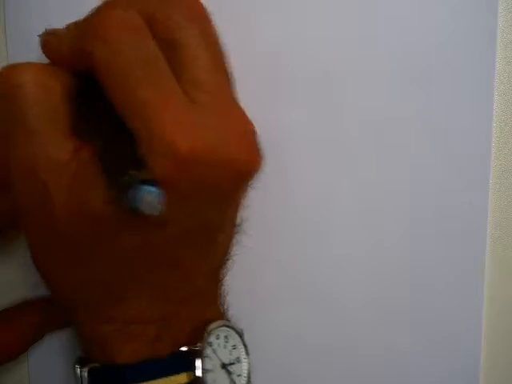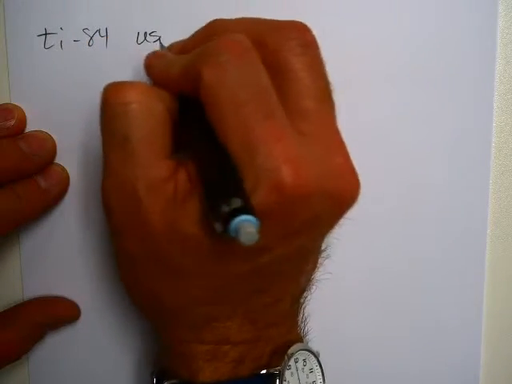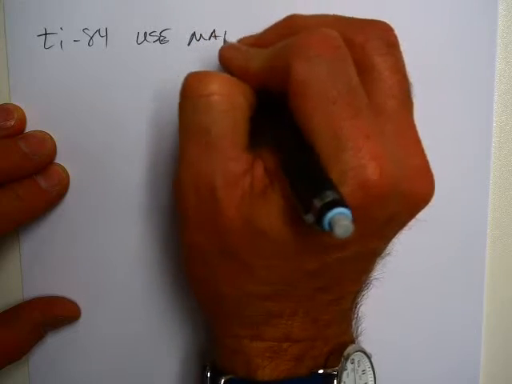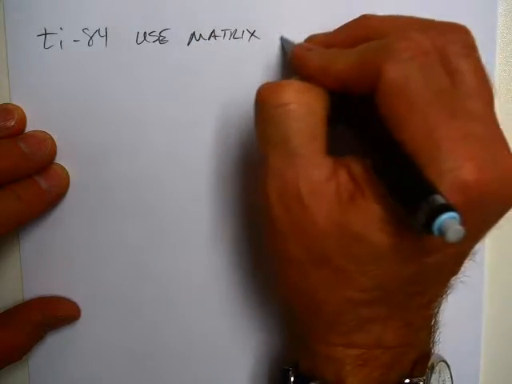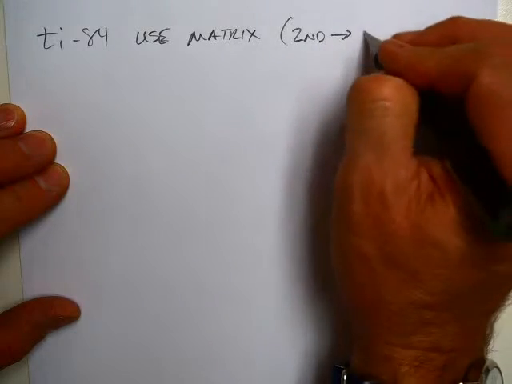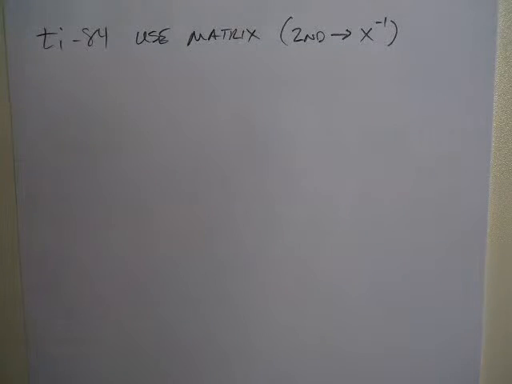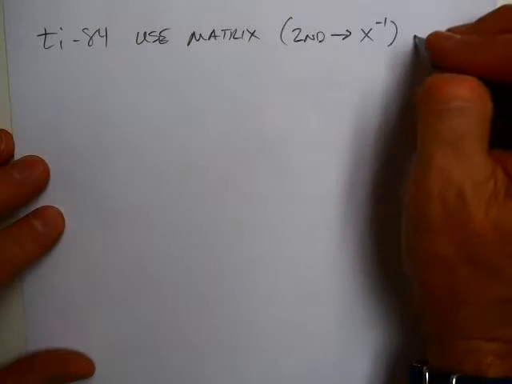So, on the TI-84, which I think everybody has, use matrix. And to get to that, we're going to go second and inverse of x, which is just underneath the math on the left side there.